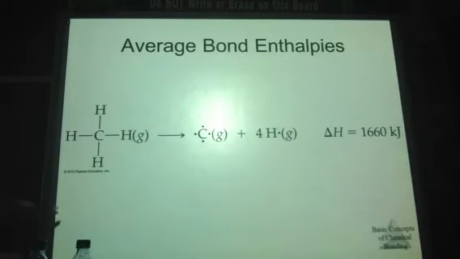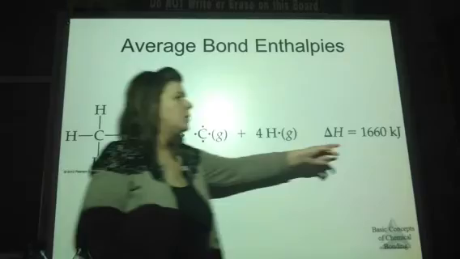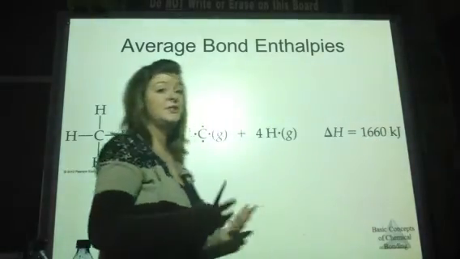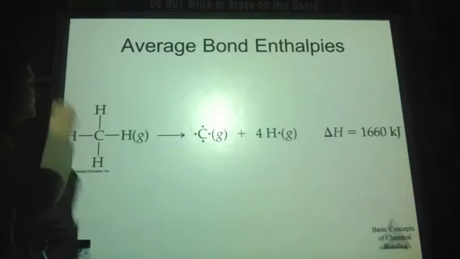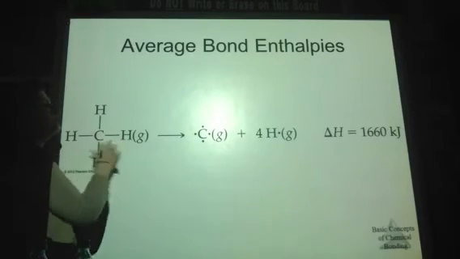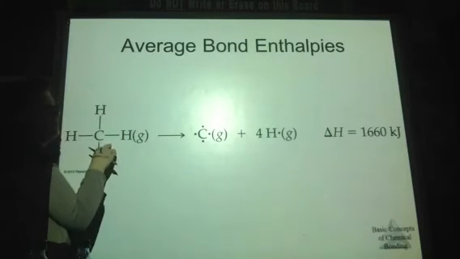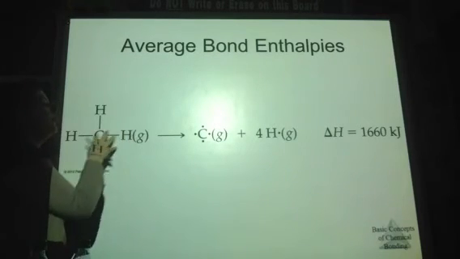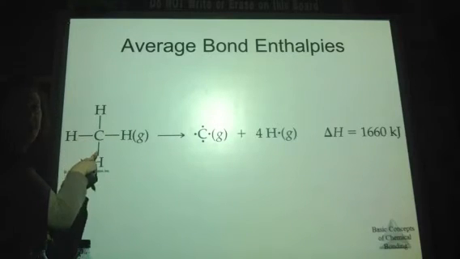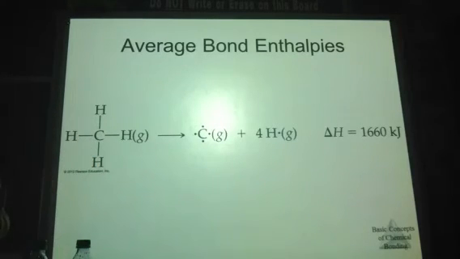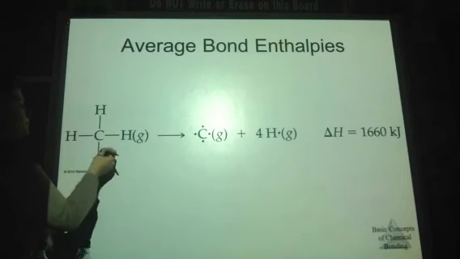I could just do 1,660 kilojoules divided by 4, which gives me 415 kilojoules. That means this would have to absorb 415 kilojoules before that CH bond is broken, and that would be true for all of them. Hopefully that makes sense as well.